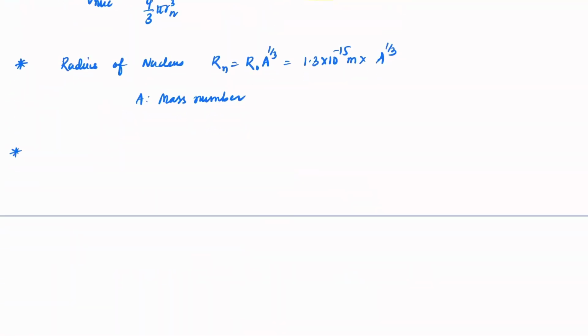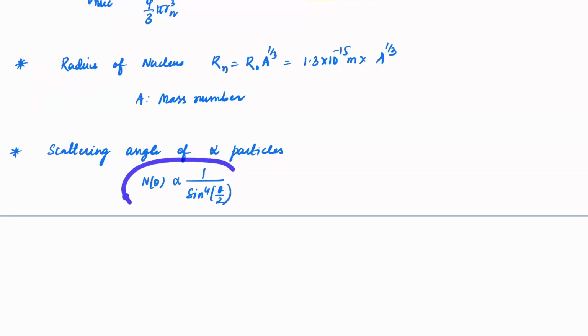Okay, one another part which has been asked is scattering angle. How much is the scattering angle of alpha particles? That means how many particles are making 10 degrees scattering or 20 degrees scattering or any theta degree scattering. So N theta is proportional to 1 by sine raised to power of 4 theta by 2. Simply remember it like a formula. If you want to compare how many 10-degree rays versus how many 40-degree rays, or how many 30-degree rays versus how many 45-degree rays, you can simply use this formula and compare the ratio.